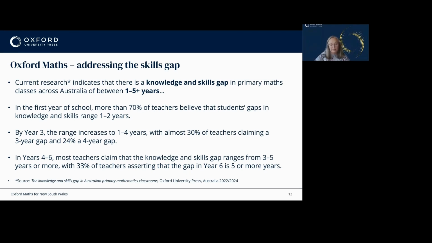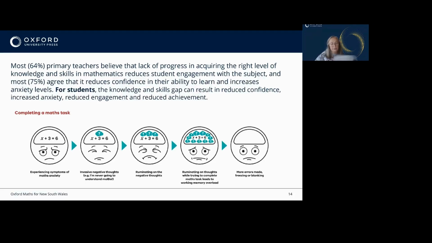We know that this means that, for example, some students in a year 6 class could be working at year 3 level, or they could be working at year 9 or 10 level. The gap becomes that wide as we work through primary school. So we wanted to keep that in mind again when putting together Oxford Maths.